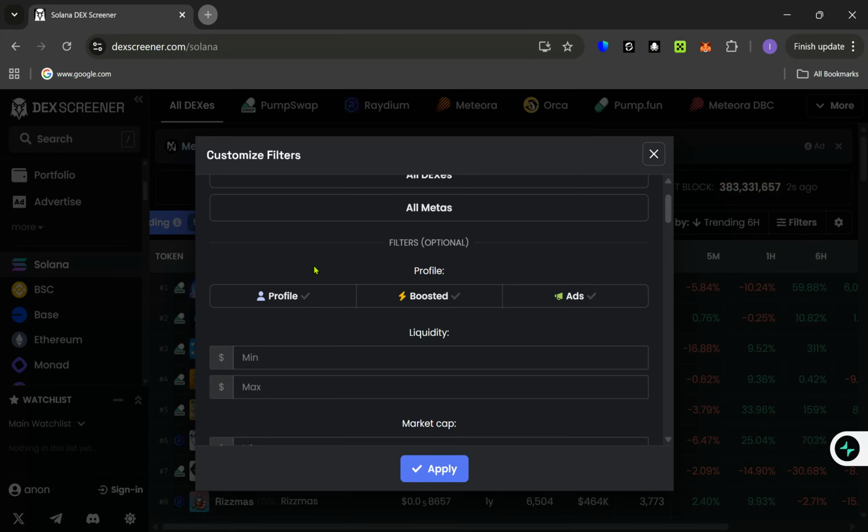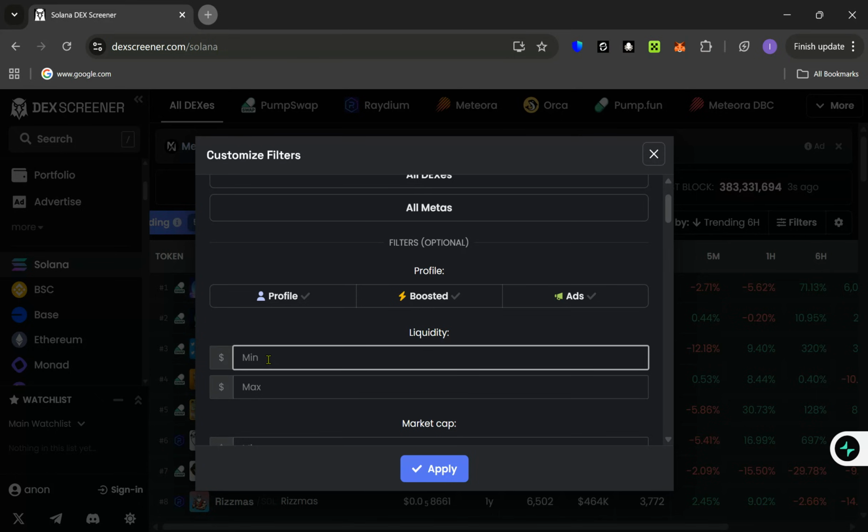The next thing is to set up the minimum liquidity. As you can see, we have liquidity here. So we need to set up the minimum liquidity. You can click on the minimum liquidity and put maybe 15,000, depending on the liquidity you want. For me, the minimum is 15,000.